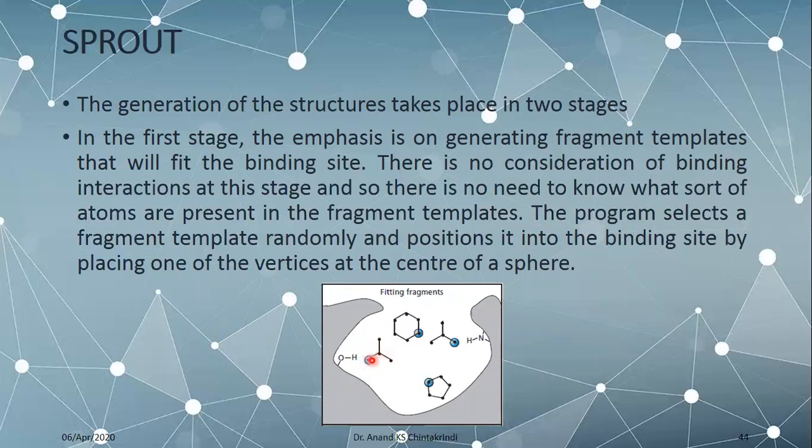Say sp3 hybridized in this case, or this tertiary butyl, or this may be a cyclohexene ring or a benzene ring or a piperazine ring. You don't know, because the binding interaction is not considered. It is just placing the fragment template here.